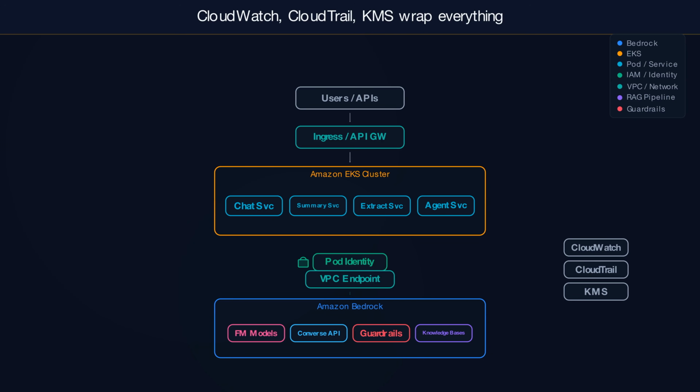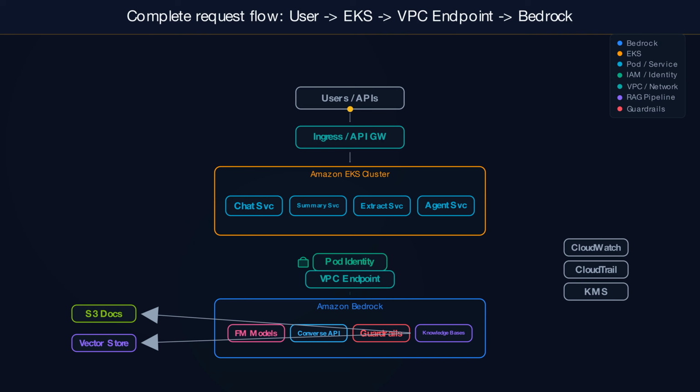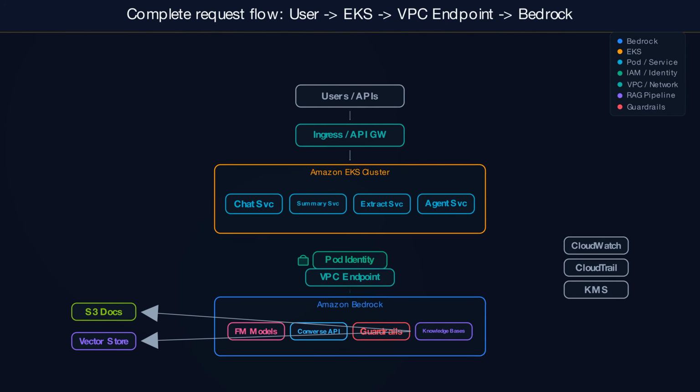Your pods never store static AWS keys. Instead, they use EKS pod identity, or IRSA for older clusters, to get short-lived, temporary credentials. The SDK call travels through a VPC interface endpoint for Bedrock, meaning the traffic never touches the public internet.